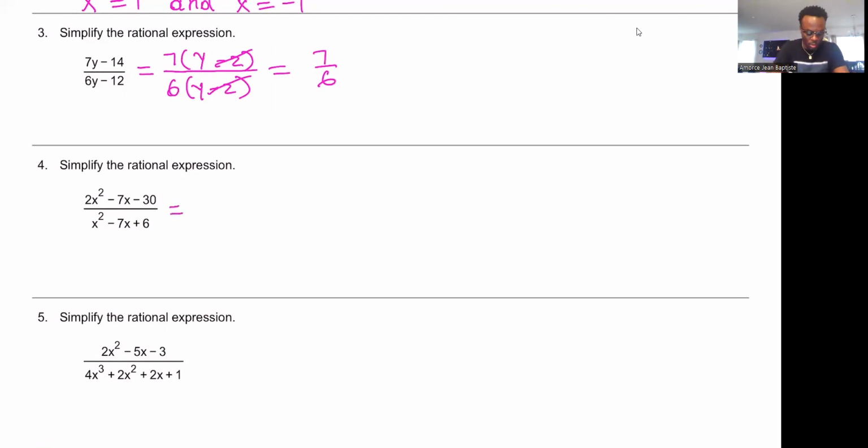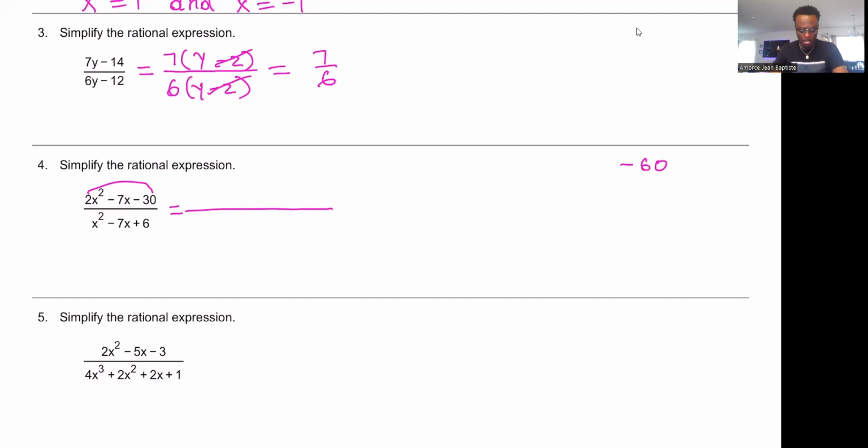This one, we're gonna factor completely the numerator. So you can multiply 2 and negative 30. 2 and negative 30 is negative 60. Two numbers that multiply to give negative 60 and add to negative 7.